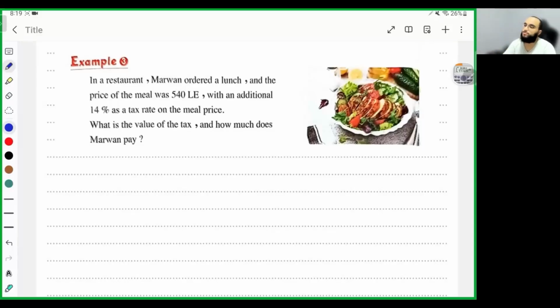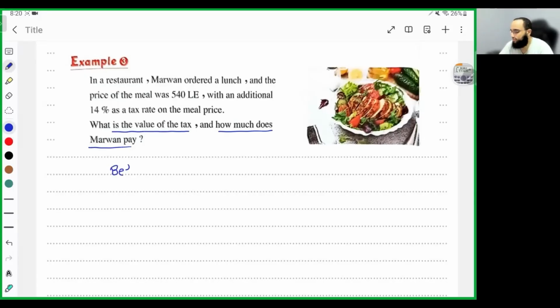Okay. In a restaurant, Marwan ordered a lunch and the price of the meal was 540 with an additional 14% tax rate on the meal price. What is the value of the tax and how much does Marwan pay? He needs the tax value, the amount of the increase, and also the price after adding the tax.